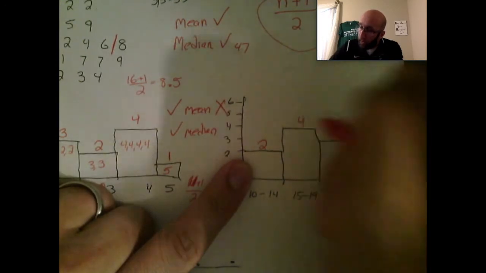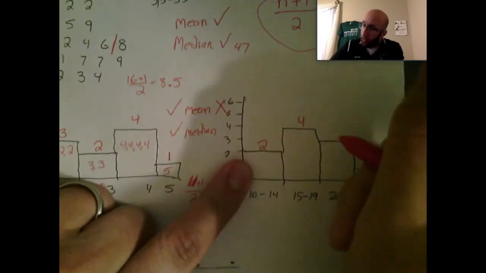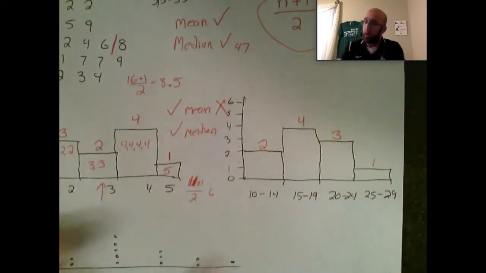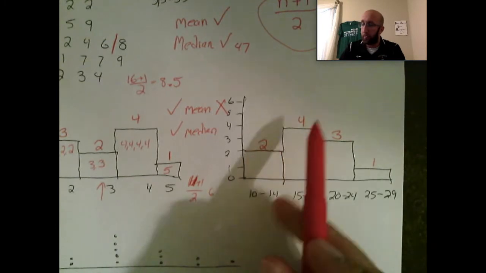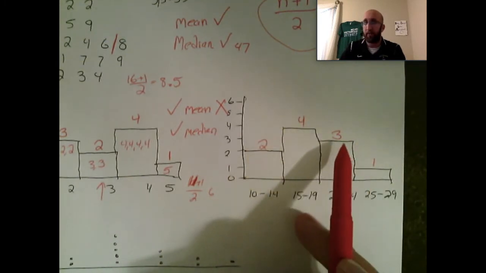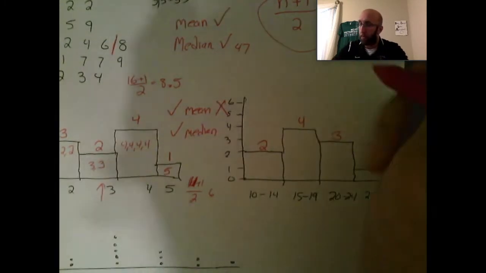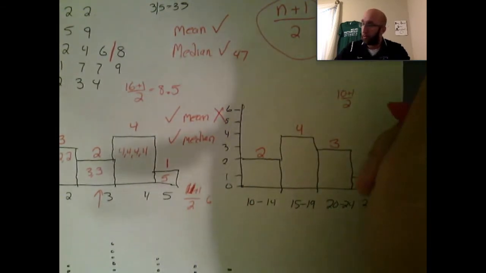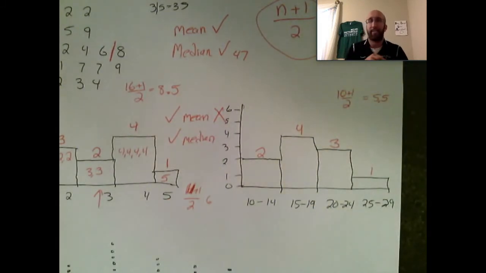There's 4 in the 15 to 19 range. There's 3 in the 20 to 24 range. And there's 1 in the 25 to 29 range. So if I look at that total there, there's 2, that's a total of 6, 7, 8, 9, 10 total data points. So if I'm looking for location, 10 plus 1 divided by 2, I need to find the data point that's between 5 and 6.